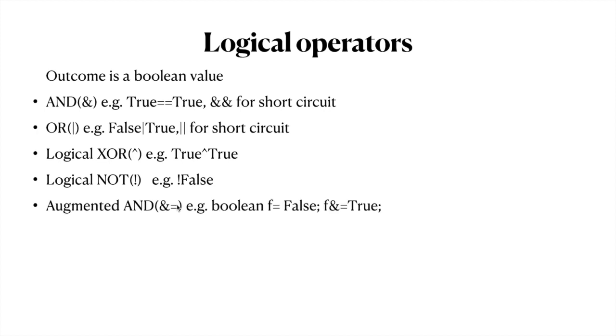Like the other operators, logical operators have got augmented assignment versions. So for example, AND has got ampersand equal to, and this means that if you take a Boolean variable f and use AND, it means evaluate the logical AND of f and true, and assign that value to the variable f.